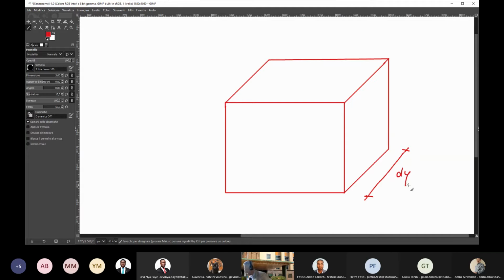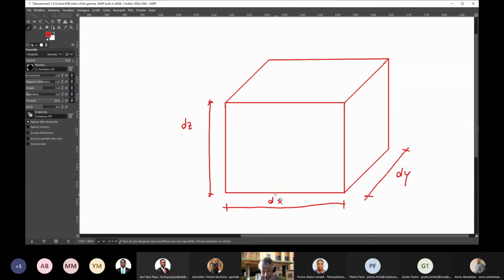I'm using the same symbols that you can see on the figure that is on the web page. This is dz, and this is the x, okay?